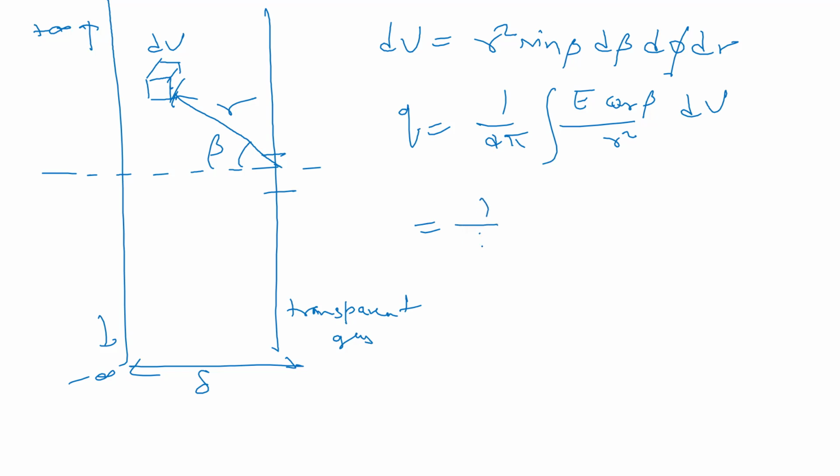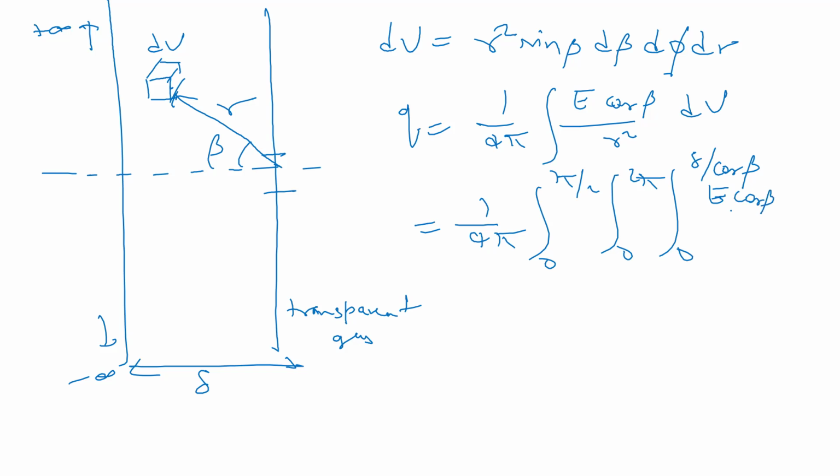So we'll get 1 by 4 pi integration 0 to pi by 2, 0 to 2 pi, and 0 to del upon cos theta, E cos theta upon R square into R square sine beta d beta d phi dr.